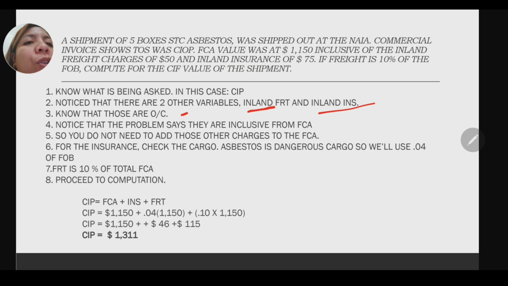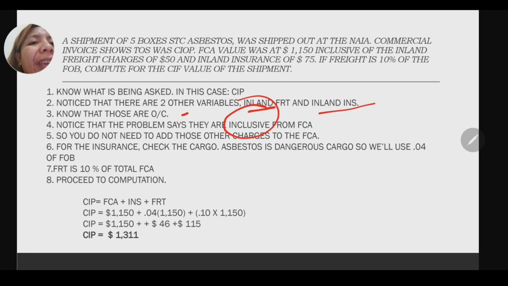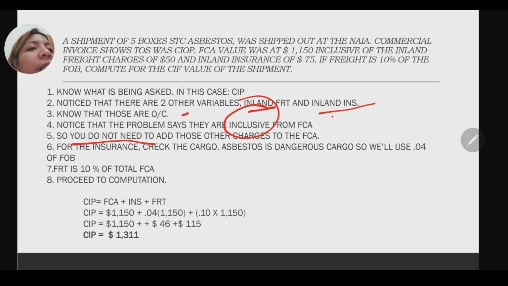In this problem, we notice that it says it is inclusive of the FCA. When we say inclusive, it means that those 2 variables are included in the value of that particular FCA value. So we do not need to add those other charges to the FCA because that is already the total FCA.